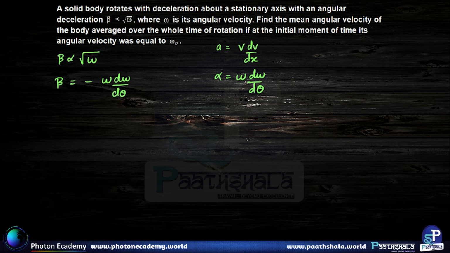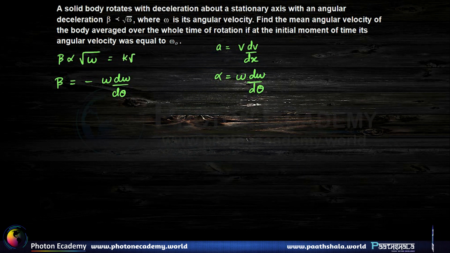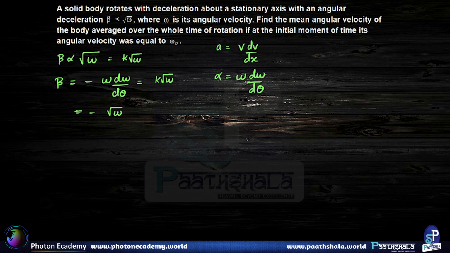They are saying that this is proportional to root of omega. So I can write this equal to k root omega, where k is some constant. Based on this equation, what do I get? I get minus root omega d omega is equal to k d theta.